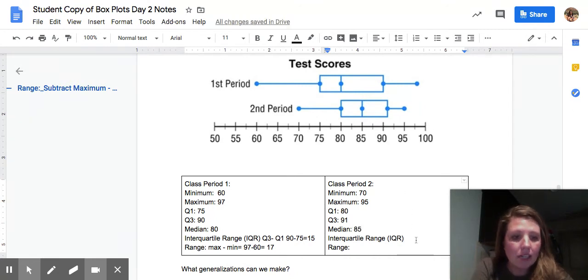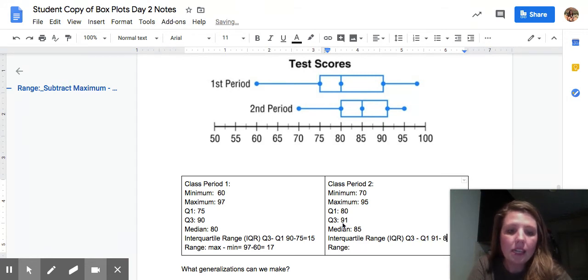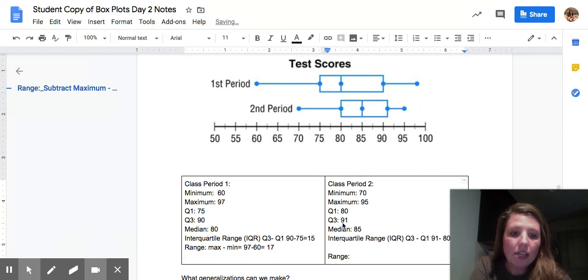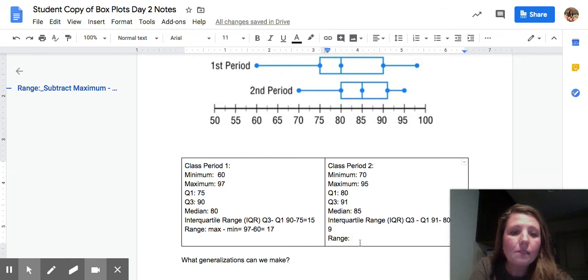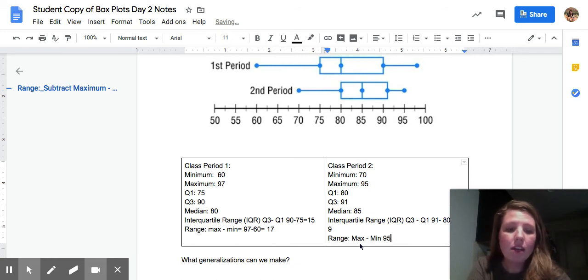Then again, I need to find my interquartile range for that, which I still do Q3 minus Q1, or quartile 3 minus quartile 1, which would be 91 minus 80, which will give us 11 for your interquartile range, or your IQR. Then for your range, it's still your max minus your min, which would be 95 minus 70, which gives us 25 for our range of the whole data.